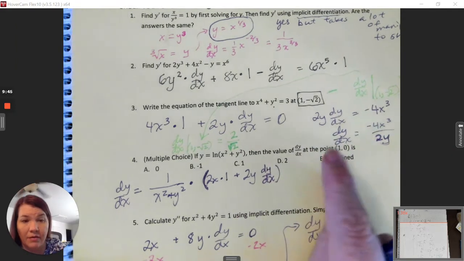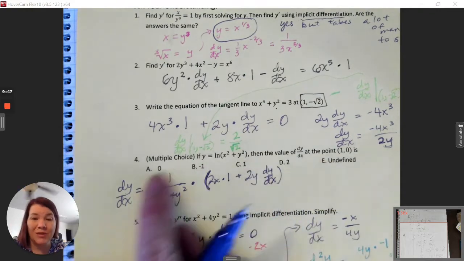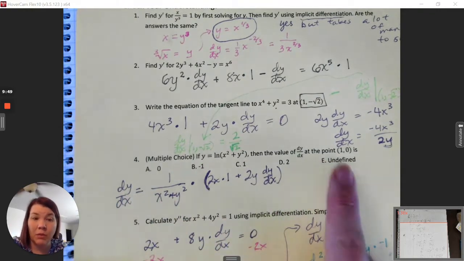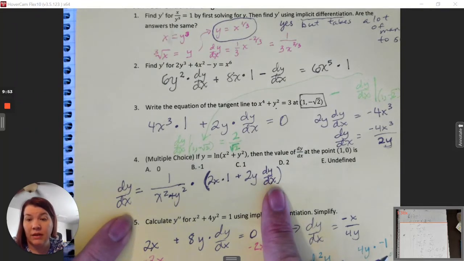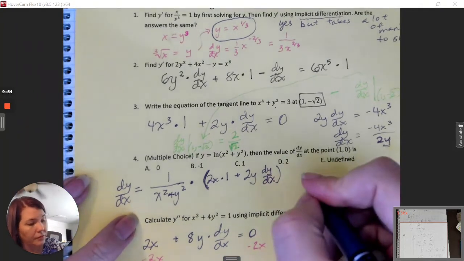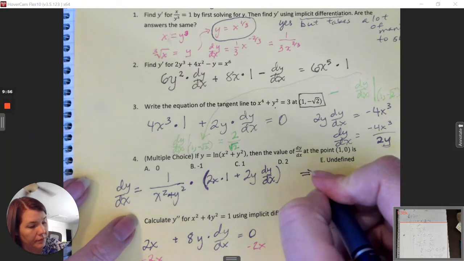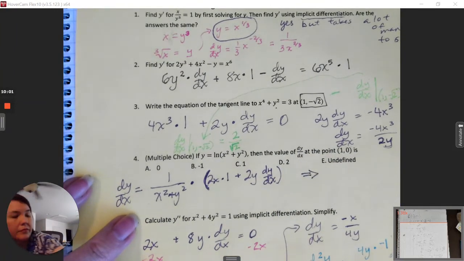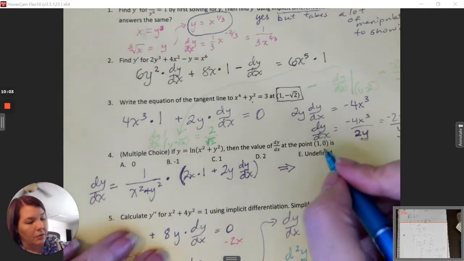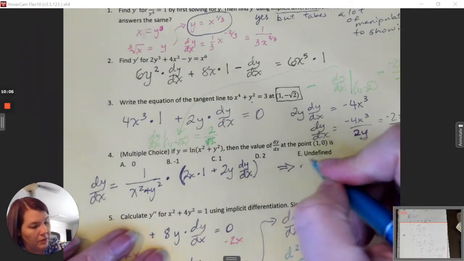So they've given me a point, and rather than trying to get dy/dx alone, I'm going to go ahead and plug in this point, and I'll figure out what dy/dx is in a minute. So plugging in the point, we got 1, 0, so I'm just going to plug in.